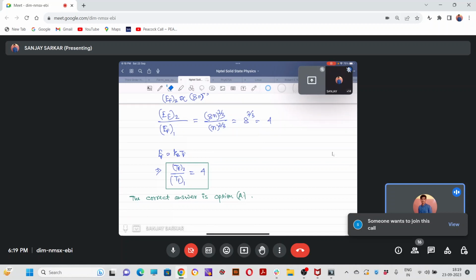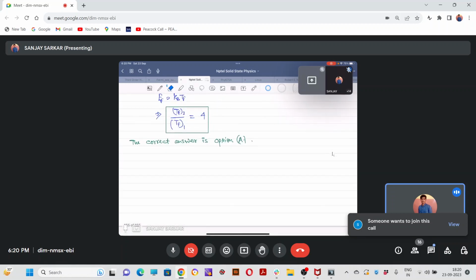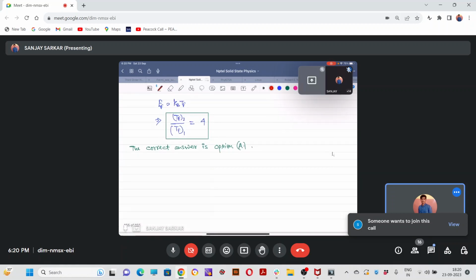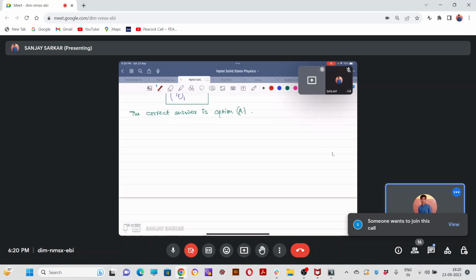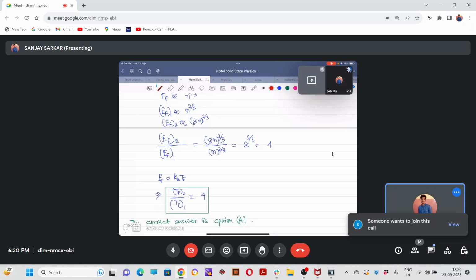Today I was going to solve problems from density of states only. There are a few more questions which I want to solve. I think we have already solved this one, but since this question is there, so question 3.